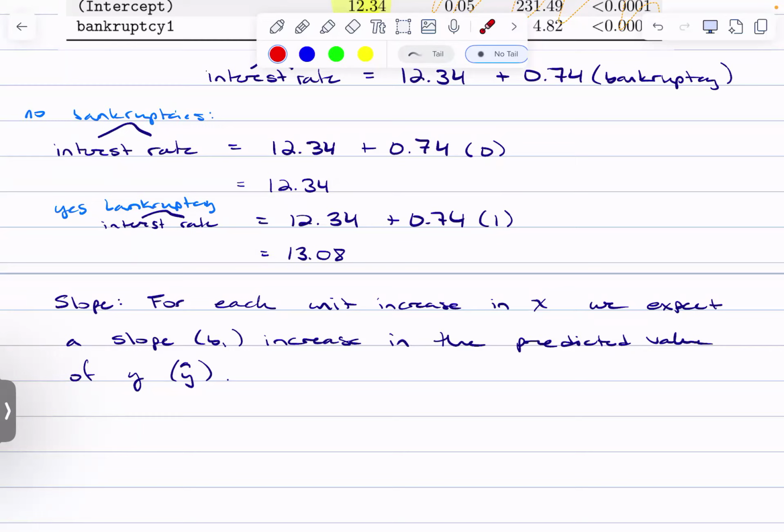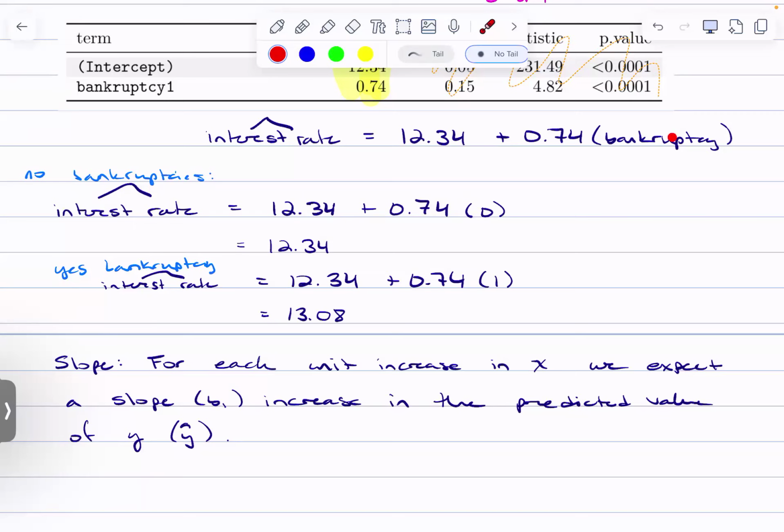So what happens if we have more than just 2 levels? Here, if I have 2 levels for bankruptcy, I only had to incorporate one of those, and then the rest fell on just the other one. And so we're going to use that same method.